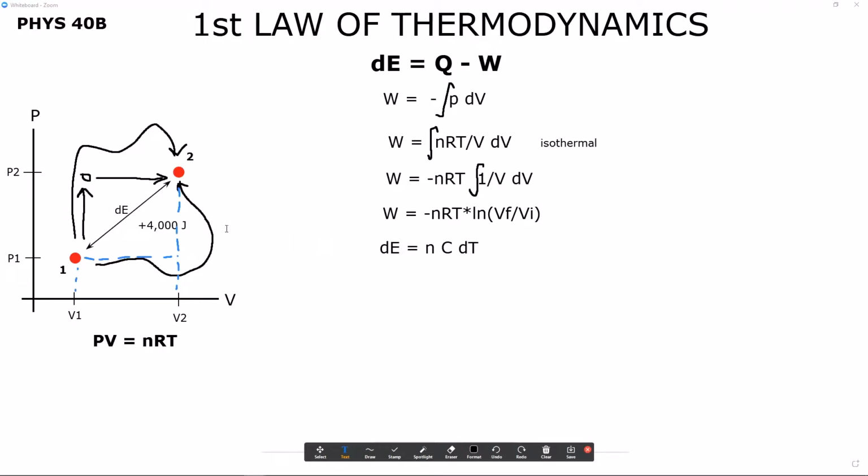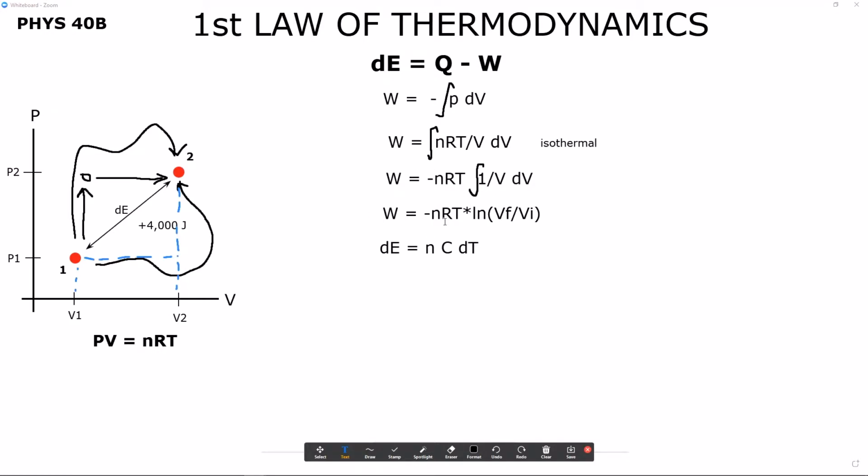And like we said before, the total energy difference between these two states is independent of how we go from one state to the other. But what does depend on how we go from one state to the other is the heat and the work. So let's say you don't know what Q is, you have the ability to solve for dE because you're given all these terms, and you're also able to solve for W because you're given whichever terms are necessary there.